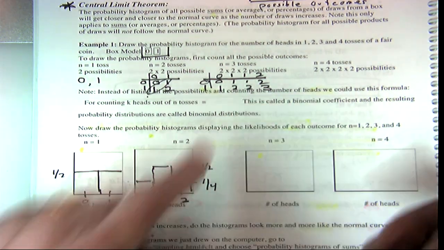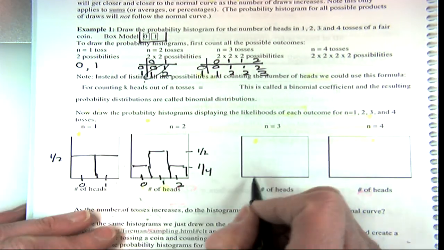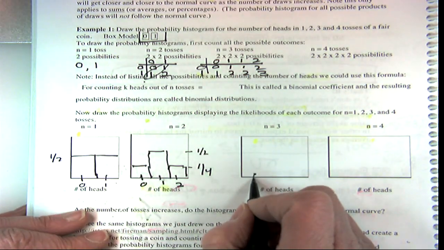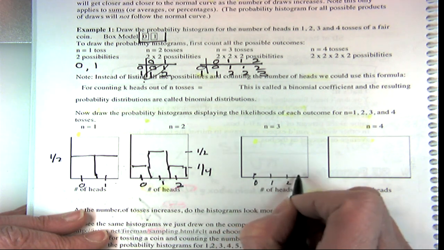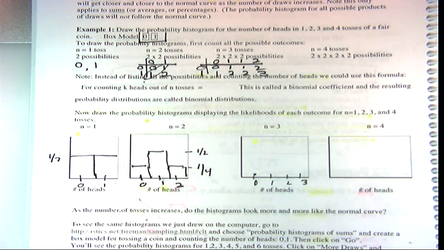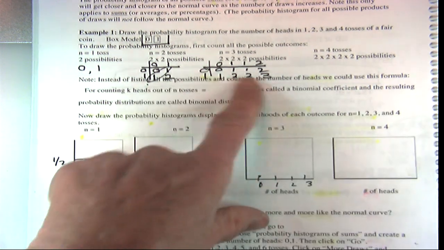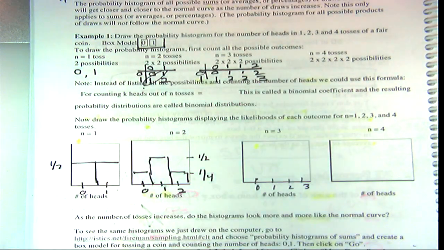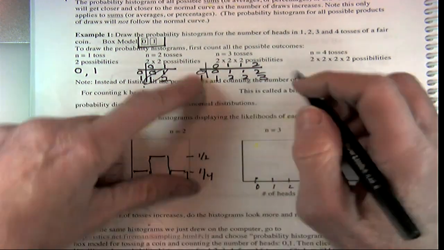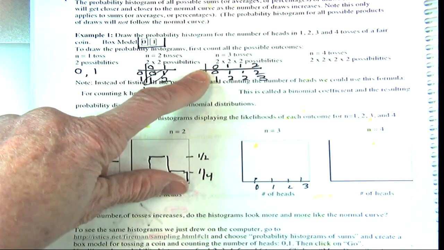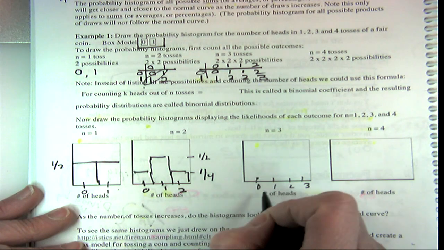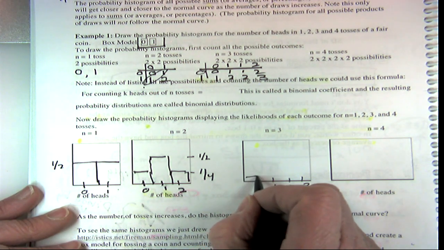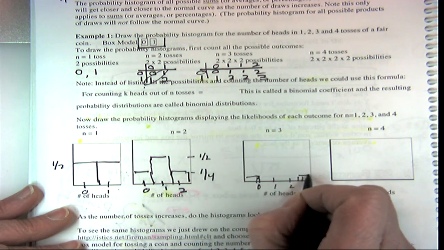So on 3 flips, you already knew the possible outcomes were 0, 1, 2, and 3, but now you can see the chances of each. There's one way to get a 0 and a 3, and there are 8 possibilities, so 1/8 of the time you're going to get a 0 or a 3.